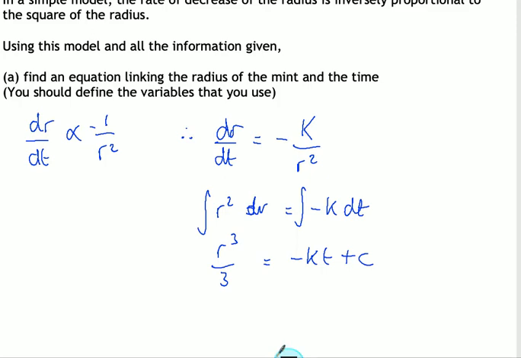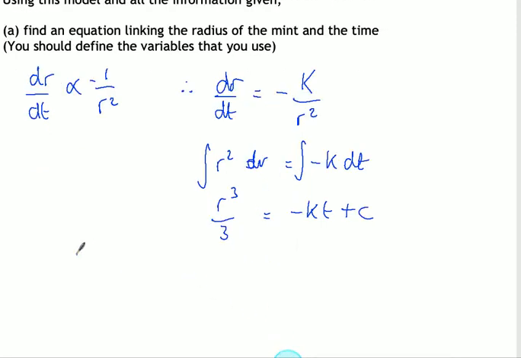Okay, and now let's use our boundary conditions. Okay, we are told that at time t is 0, the radius is 5. So therefore 125 over 3 is equal to c.